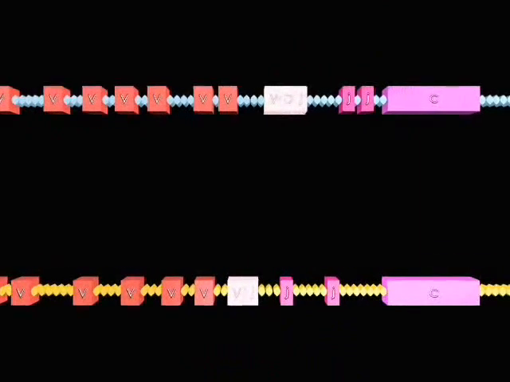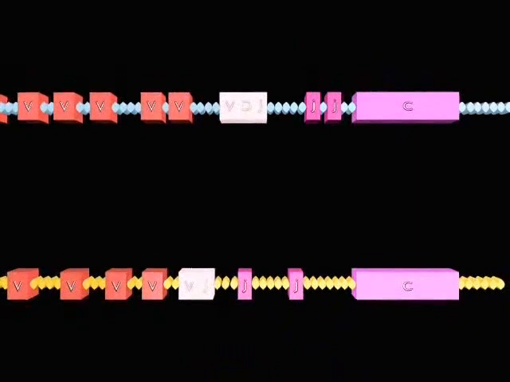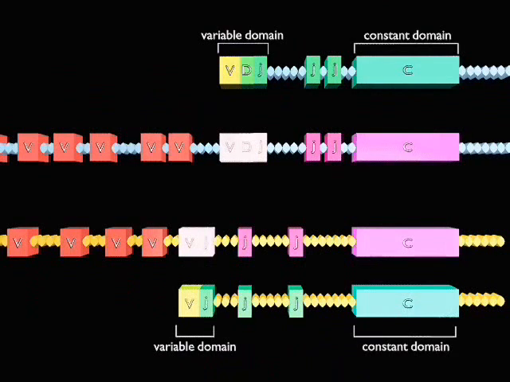In order to synthesize immunoglobulin, the cell must transcribe the immunoglobulin gene. The DNA strands separate and RNA polymerase makes a faithful transcription of the immunoglobulin gene. The transcript includes the recombined gene for the variable domain, the genes for the constant domains, and the intervening stretches of DNA which do not encode protein.